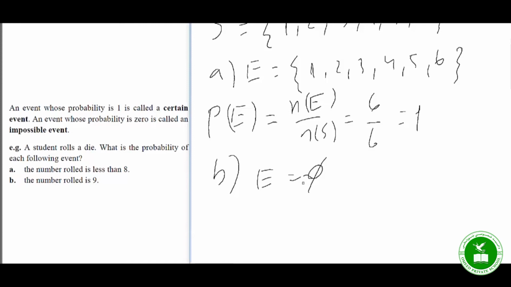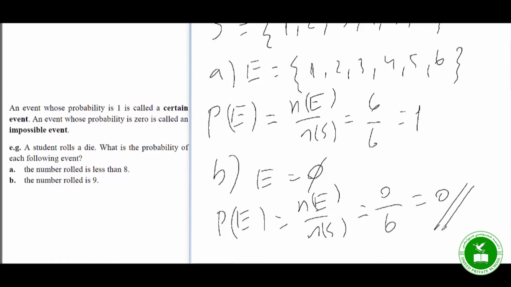Because when we roll a dice, we will not get any number as 9. So again, the probability is the number of events over the number of sample space. As the event is an empty set, the number of events is 0 over 6. 0 over 6 is 0.